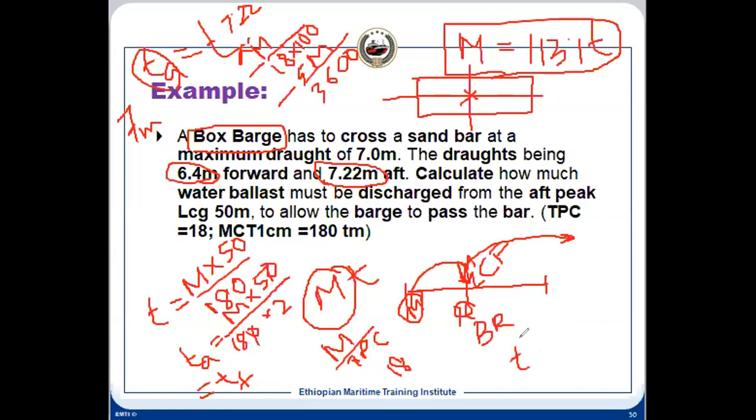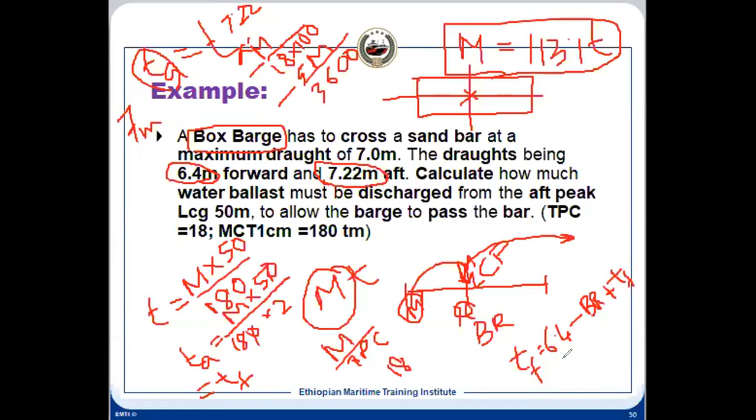TF final will be the initial TF, that is 6.4, and then the bodily rise will be minus, and then the forward trim will be plus. So we'll have to calculate this. It means this is BR and this is TF.